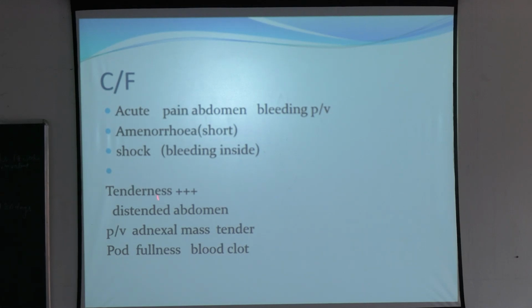You do not find this during abortion or molar pregnancy. That is a very distinguishing picture. And the abdomen is distended, if there is much bleeding, or even without much bleeding, because of the hemoperitoneum, which means peritonitis.